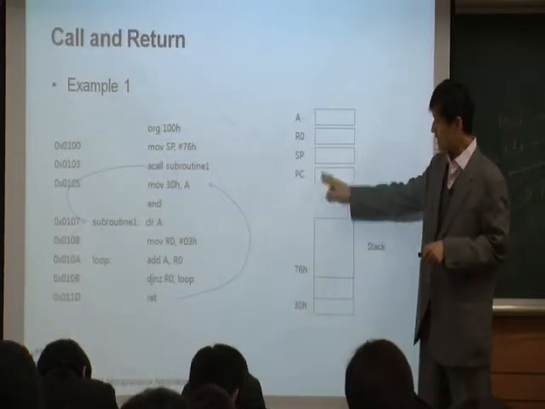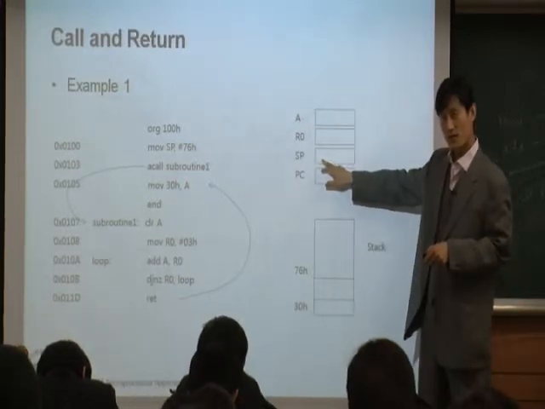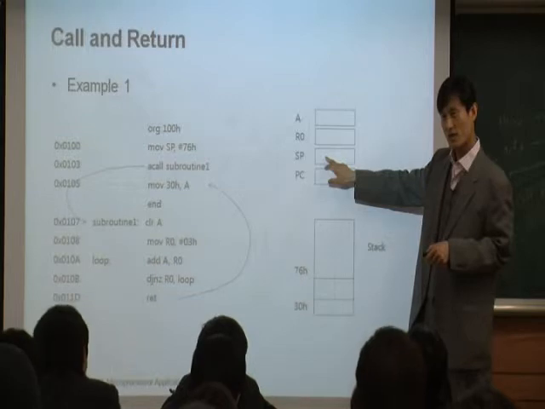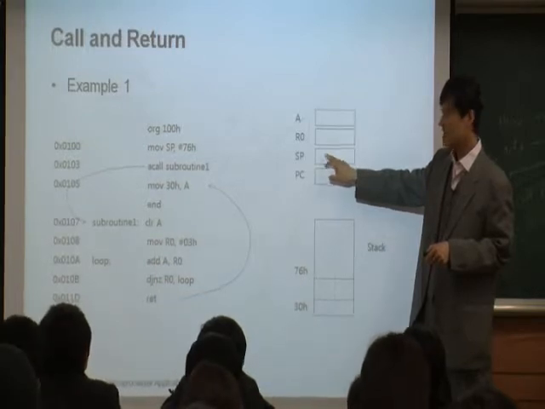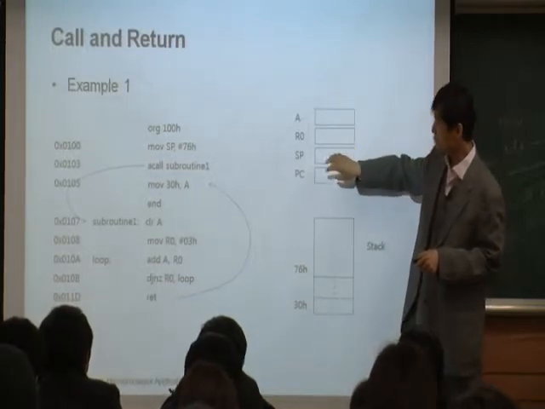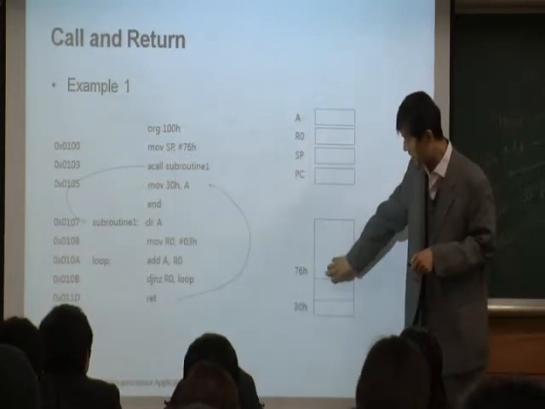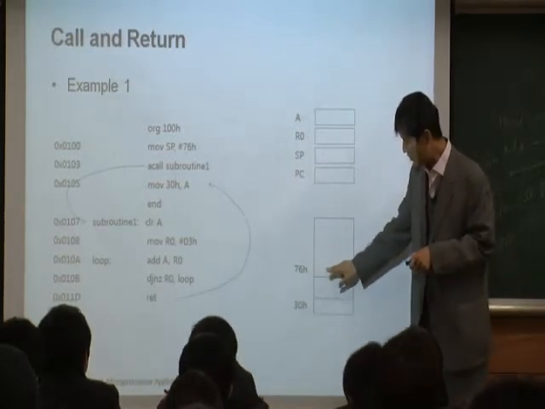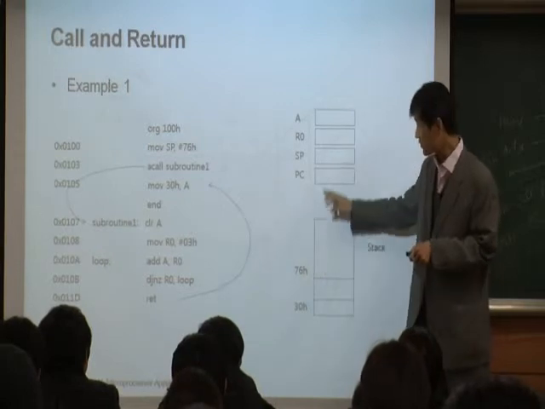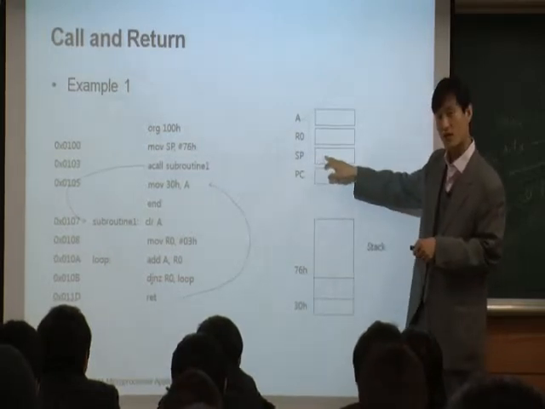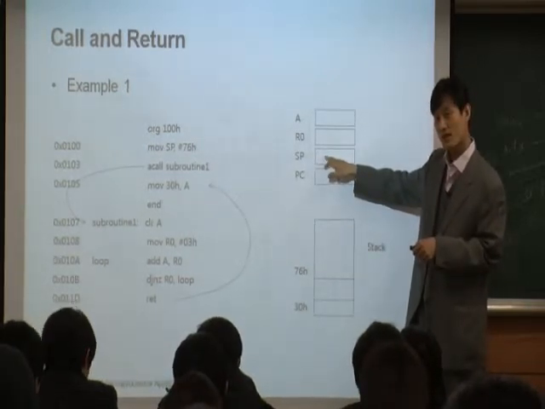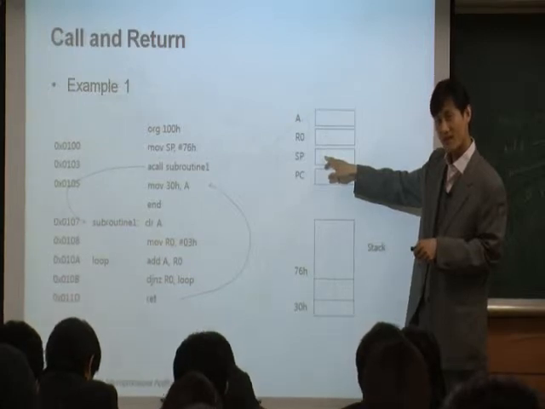Once I do that, what happened to the stack pointer? This value is incremented because I push one value into the stack, and I have 105 into 76. So the stack pointer is now incremented to 78.